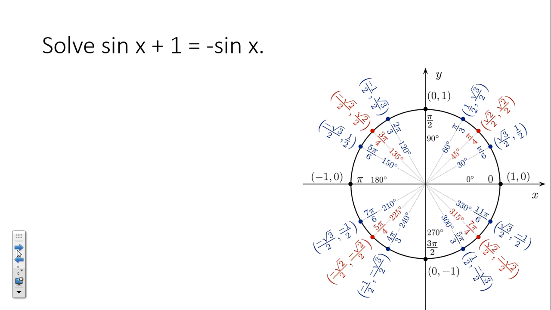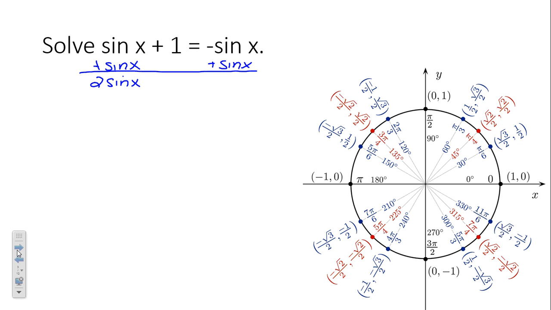Okay, next one. Sine of x plus 1 is equal to a negative sine of x. How would we solve that? You can add the other sine to both sides. So I will have 2 of these sines of x, and I'd have a 0 over here.